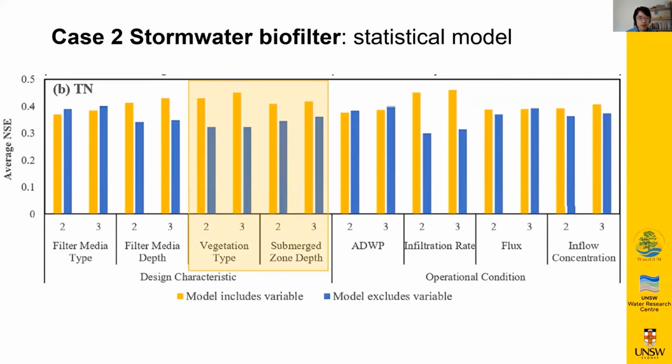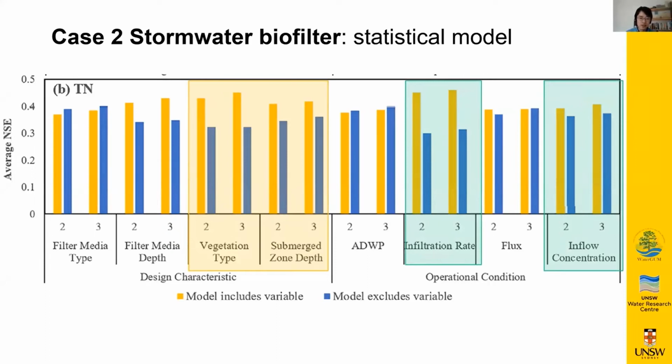which in a way reflects that these two variables are really important, and it is in good agreement with previous findings in the laboratory or in the field. In terms of operational conditions, we found the infiltration rate is also extremely important to make sure the model performs well and that you can predict the performance of the system.